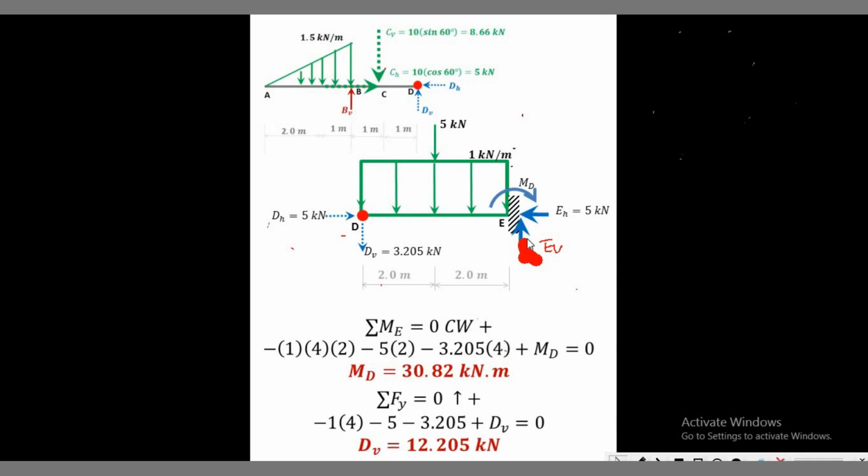Then, summation of forces along the y-axis, my dV is equal... and double check the values kung tama tong mga pinaglalagay ko. Before I draw my shear and moment diagram.